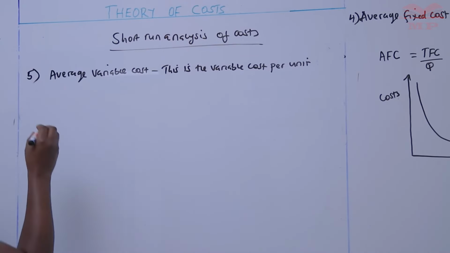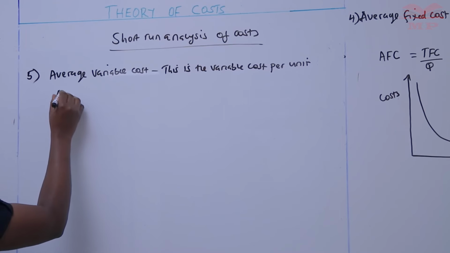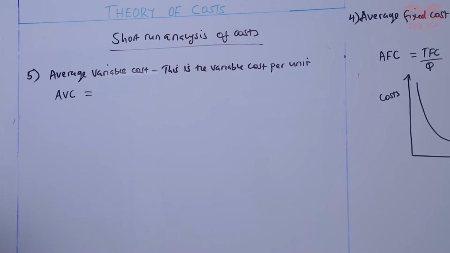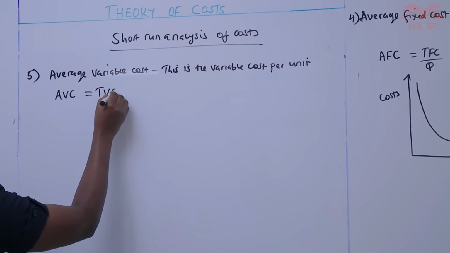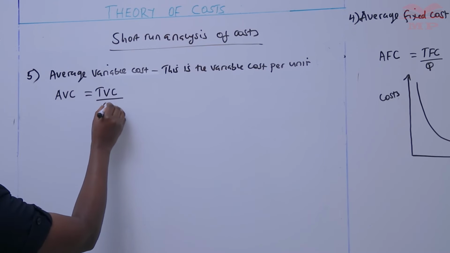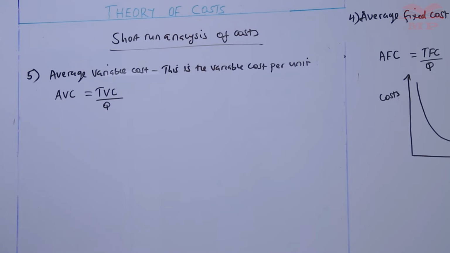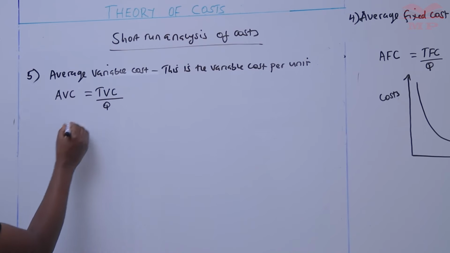So mathematically, we say that average variable cost equals total variable cost divided by output in units, where Q is referring to output in units.